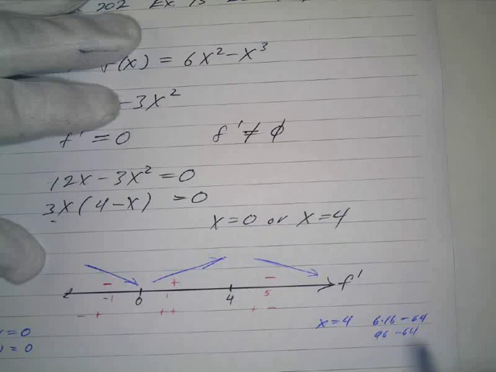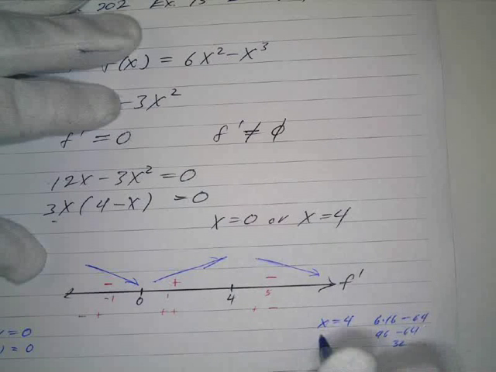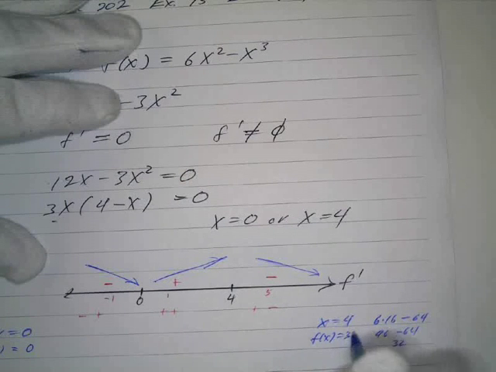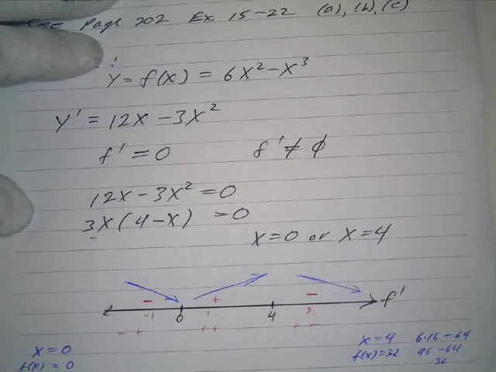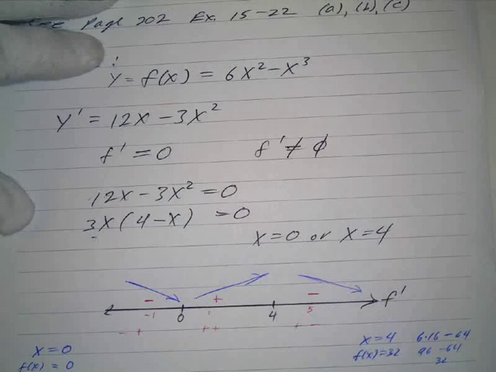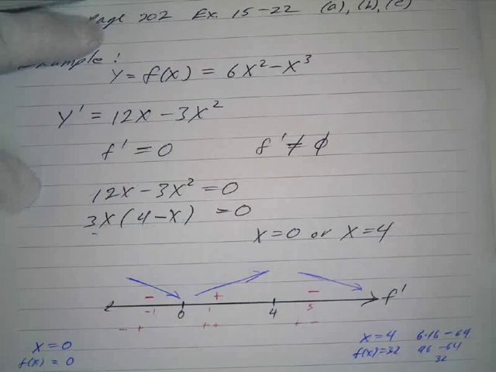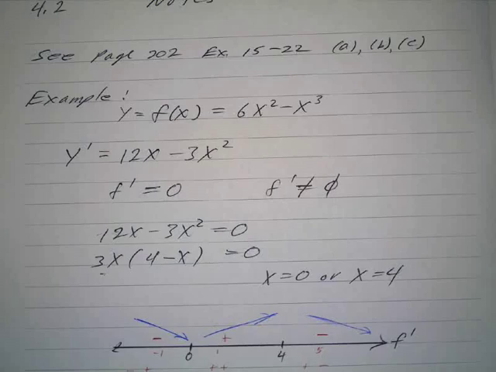Minus 64 is going to be what? 32. Yep. So f of x or y equals 32. Okay, so that's what's happening here. So when x is 0, f of x is 0, and when x is 4, f of x is 32. All right?